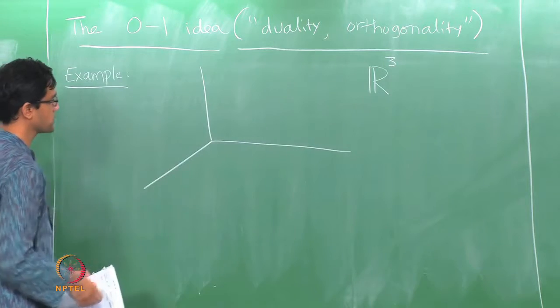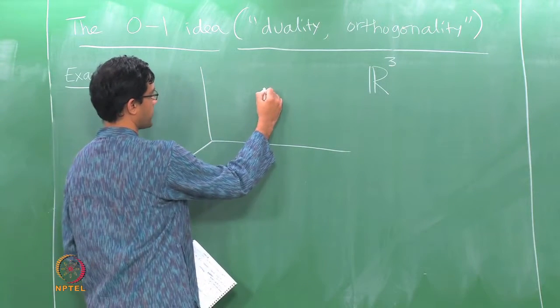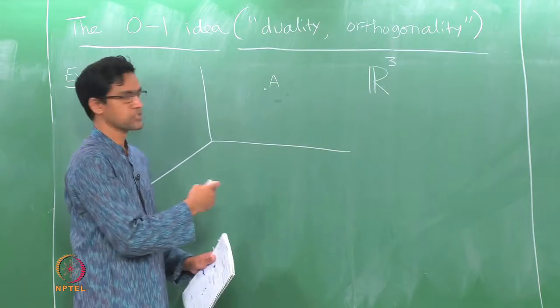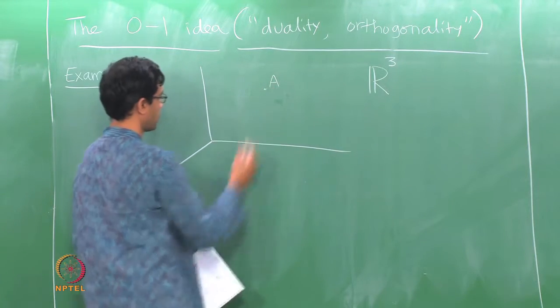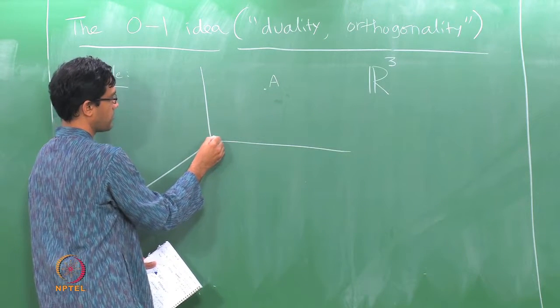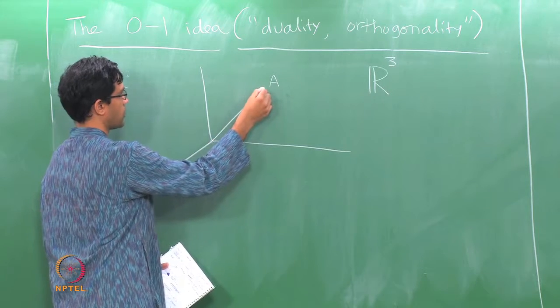So I have 3 dimensions, and what is a vector? What's a point in R3? A point typically is given by 3 coordinates x, y and z. So I have a point and the position vector of that point. By the position vector I just mean, I join the origin to that point.